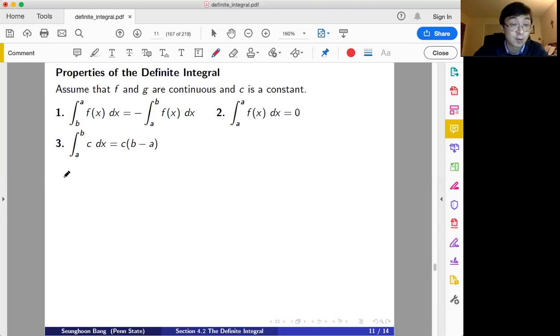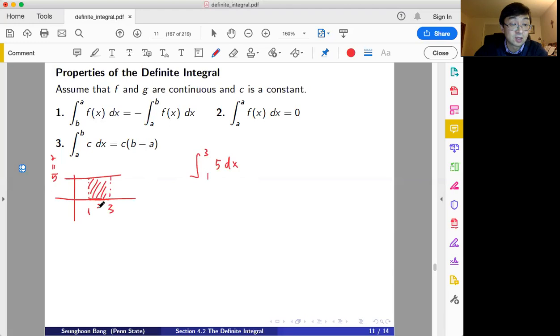Why is this true? I'm going to give one example. Here, 5 is a constant function y. I can define 1 and 3, so the integral from 1 to 3 of 5 dx. What's that? Exactly the area of a rectangle.